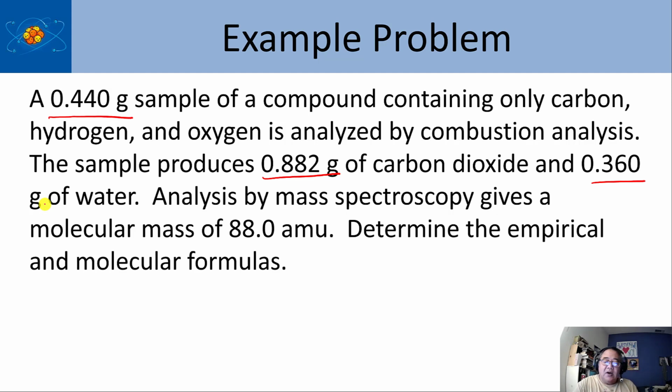And we'll use that carbon and hydrogen mass with the mass of the sample to figure out how much oxygen is in there, and then after that it's an empirical formula problem. Now, once we get the empirical formula, we'll use this bit of information, the molecular mass, and that will allow us to calculate how many times the empirical formula goes into the molecular formula.